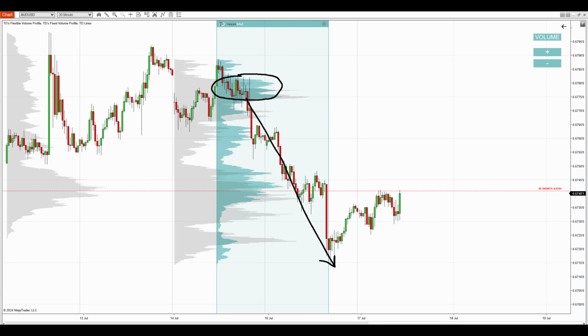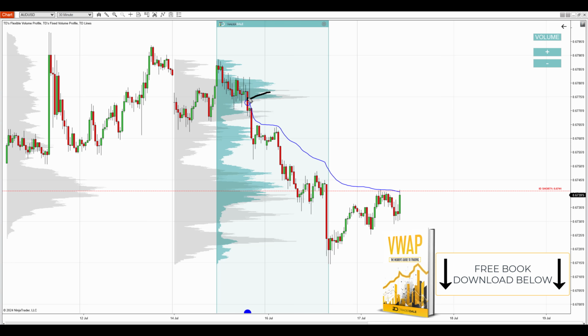And as I was teaching in that webinar, you want to anchor the VWAP at the end of that little rotation where heavy volumes were accumulated, and at the same time at the start of the trend. In this case, you anchor the VWAP here. Let me delete all that. This bearish candle.